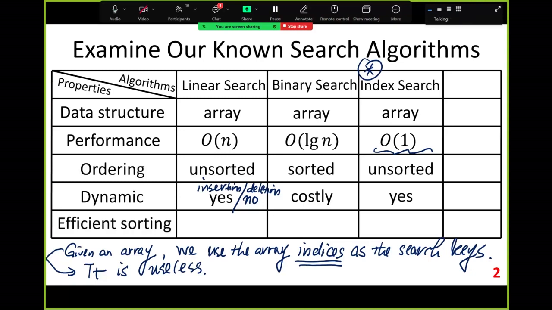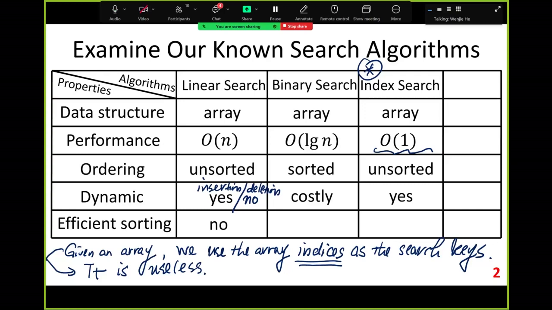Efficient sorting. Many times you need to provide sorted data in certain applications. But when you need to provide sorted data, how much is the cost? For linear search, no efficient sorting, because if you sort it, it's very expensive.